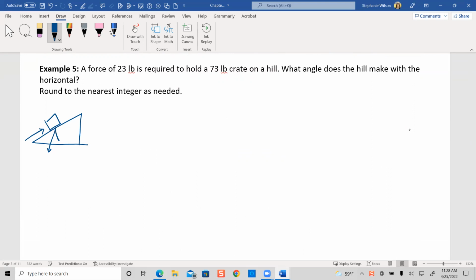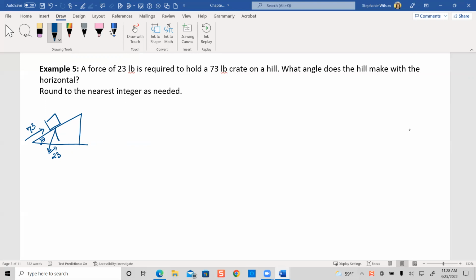I know from here to here is the force required to hold it. We're going to call it 23. I know that to hold the crate on the hill, we need 73 pounds. And we got this angle theta right here. So represent the force required to hold the crate on the hill as a vector parallel to the surface of the hill.